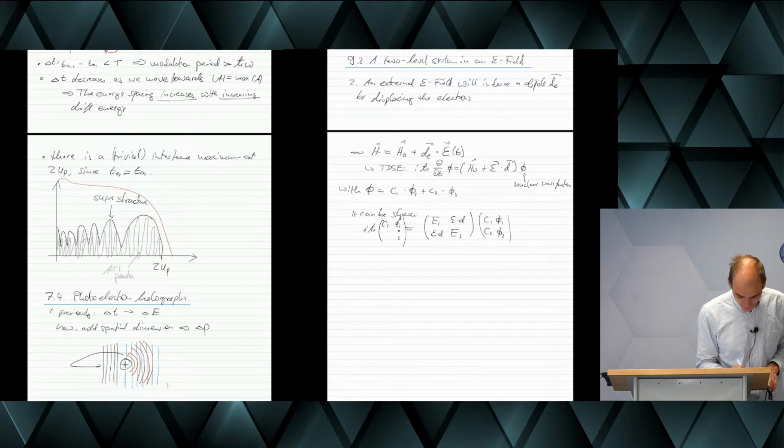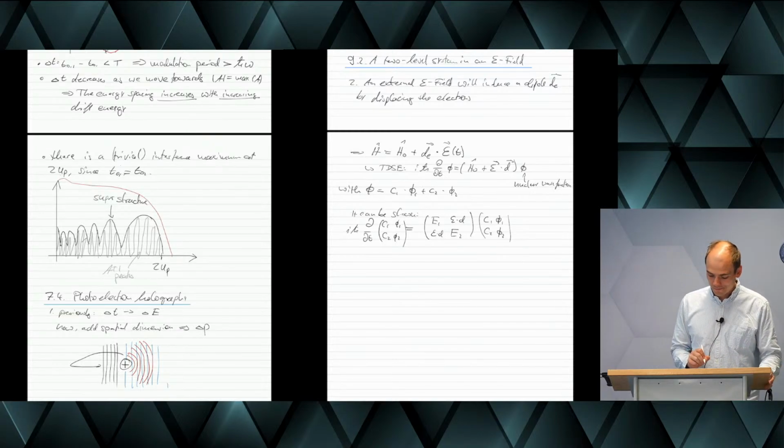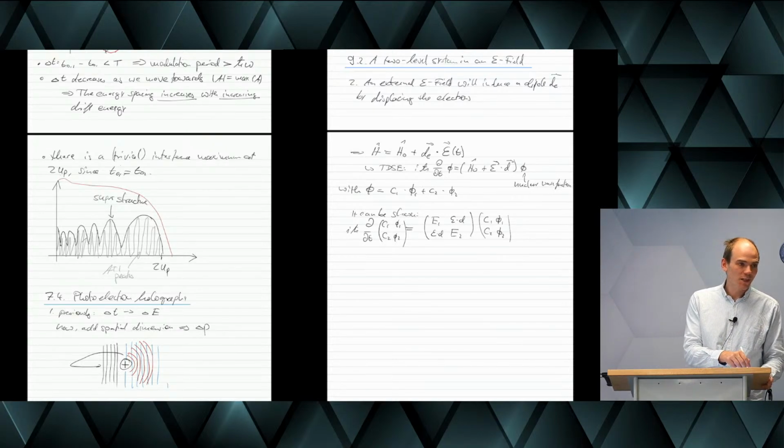C1, phi 1, C2, phi 2. And actually from this we also get the time dependence of these factors. So it's better to put the d over dt here. Thank you. And this is actually the reason why I wrote phi dot, because that contains these factors.